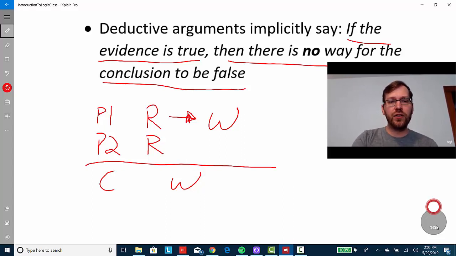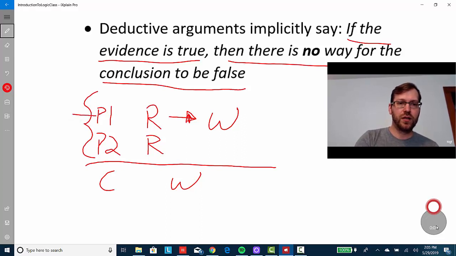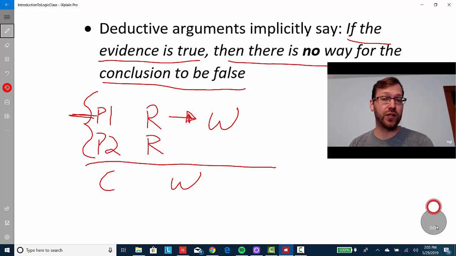Well, here's our evidence. Both P1 and P2 are our evidence. P1 tells us raining guarantees that the grass is wet. Now, maybe you think that's false, but that's what the evidence is asserting. It says raining outside guarantees that the grass outside is going to be wet.